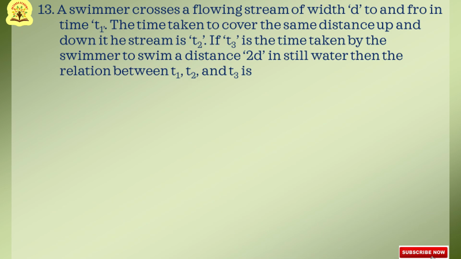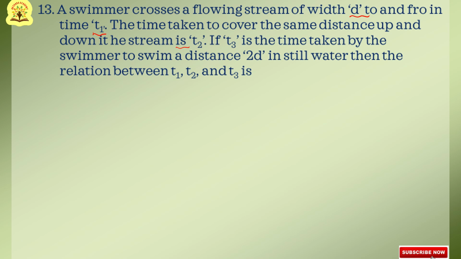A swimmer crosses a flowing stream of width D to and fro in time t1. The time taken to cover the same distance up and down the stream is t2.